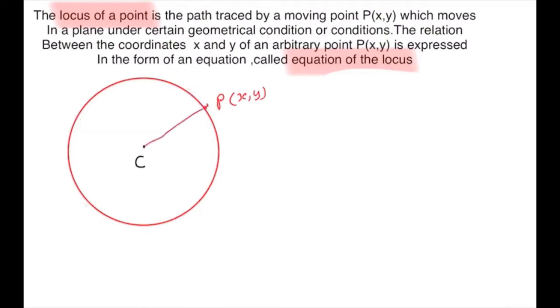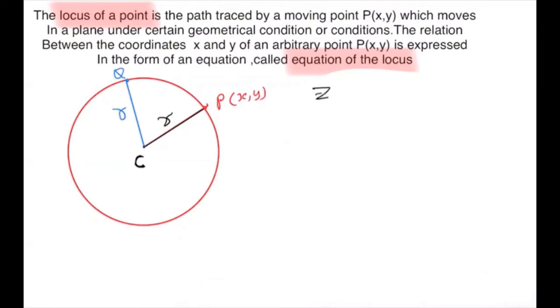This constant distance is the radius of the circle, and the point C is the center of the circle. You take any point on the circle, its distance from the point C remains the same. That is again the radius.